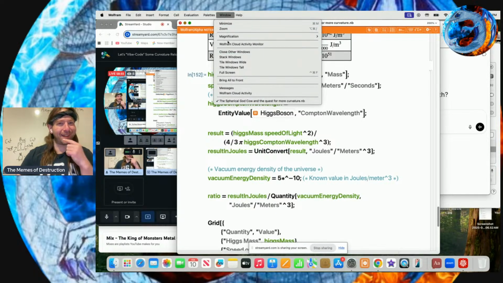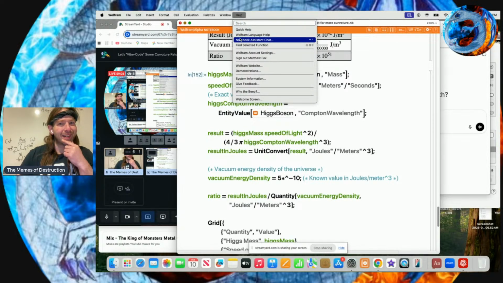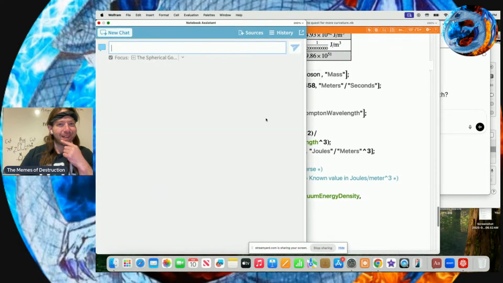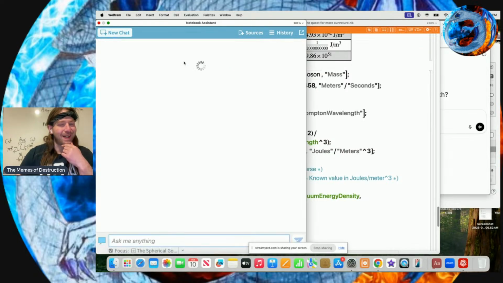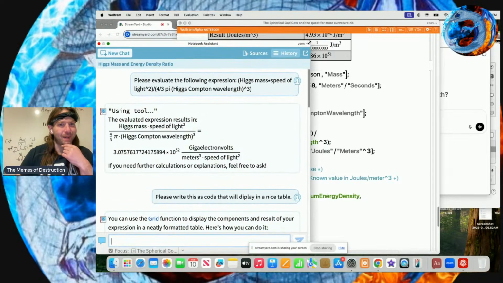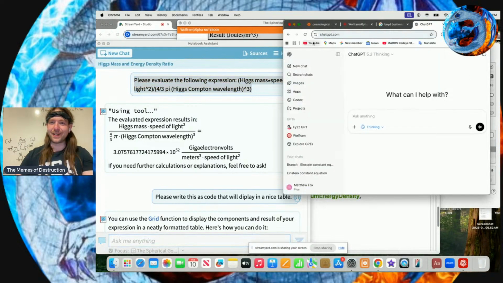We're just gonna put the prompts in. Does it help? Notebook assistant chat. All right, it has sources like this. If it can get up to, I mean, the newer versions of chat and everything, these AI models are freaking amazing. All right, we're gonna do this. A friend chat. Evaluate the following.